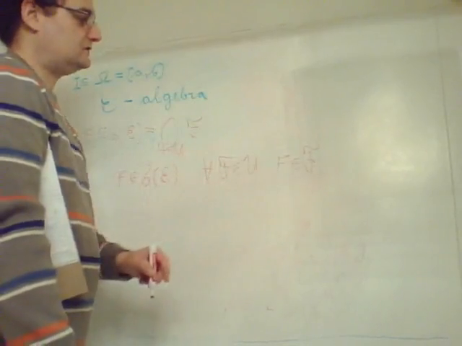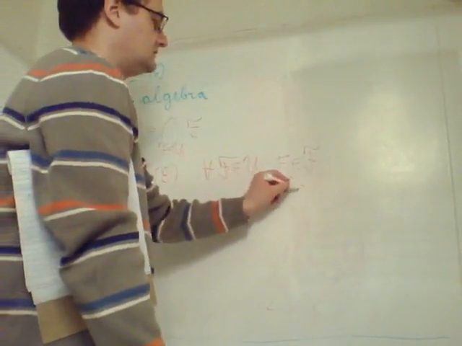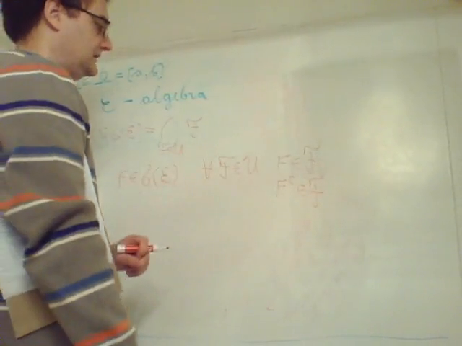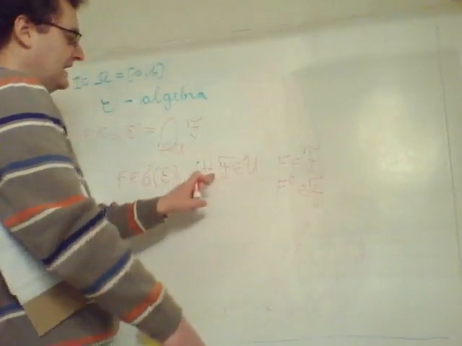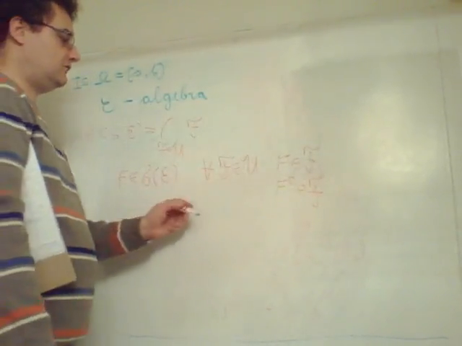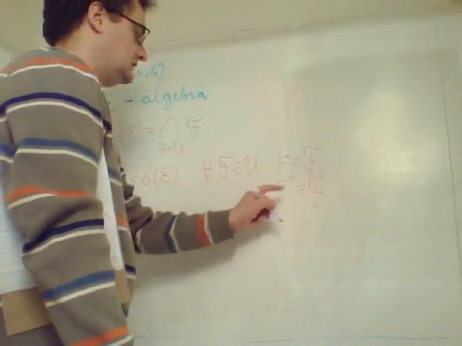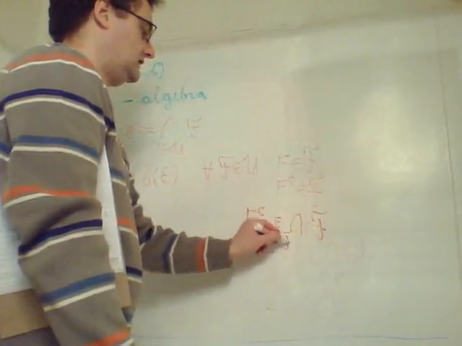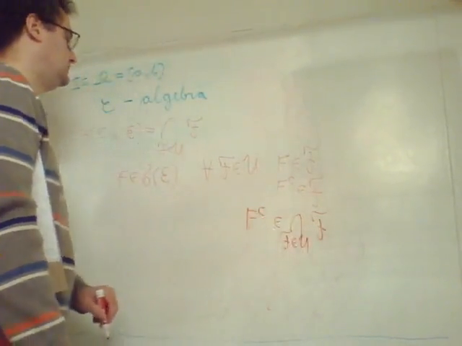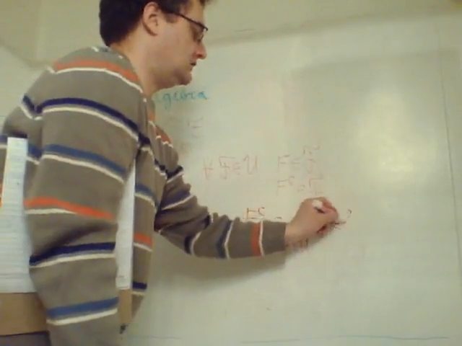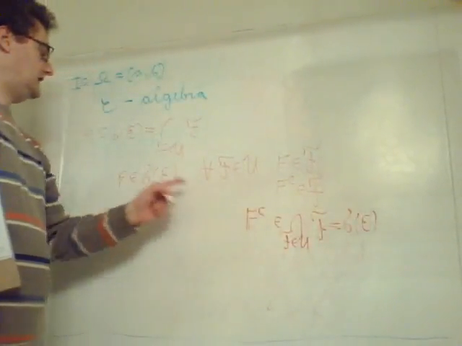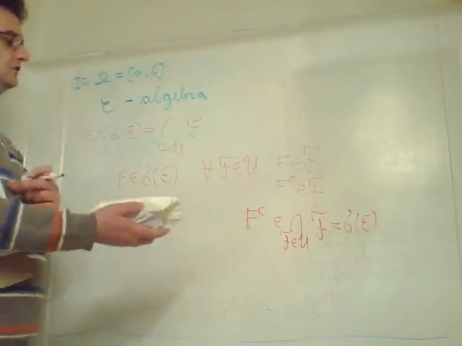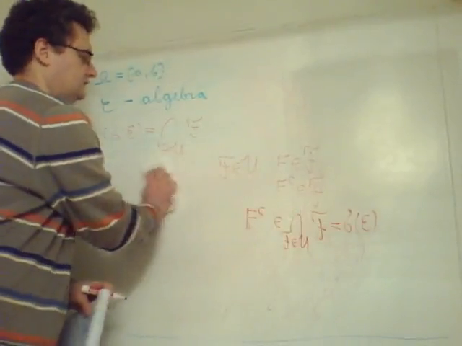But if F belongs to a sigma field, the complement is also in it, simply because it is closed under complementation. That's for every sigma field in this family. Therefore, F complement belongs to the intersection of all of them as they run over the collection U, and that's exactly sigma of E. So that means sigma of E is closed under taking complements. Now, why is it closed under countable union?